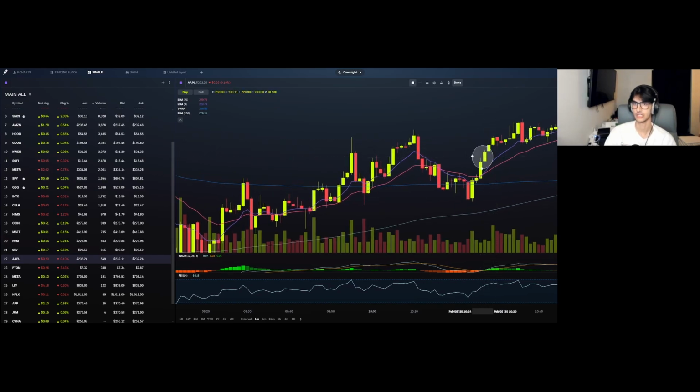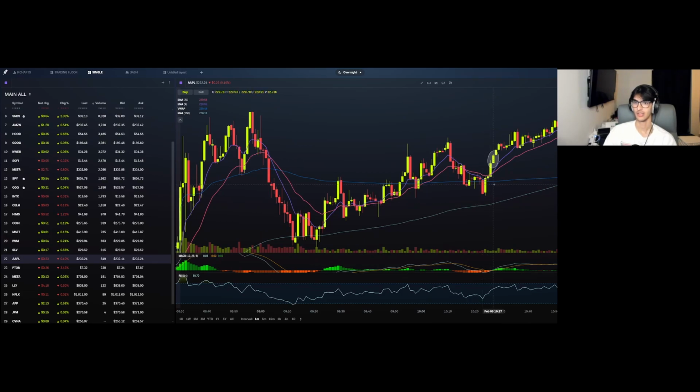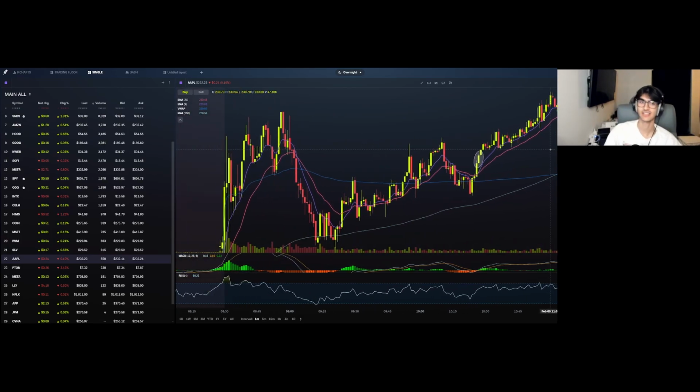This candle right here. This is where you want to take longs. Okay? We have everything in line. We're above VWAP, the EMA is below us, and we've had the cross. Bingo.